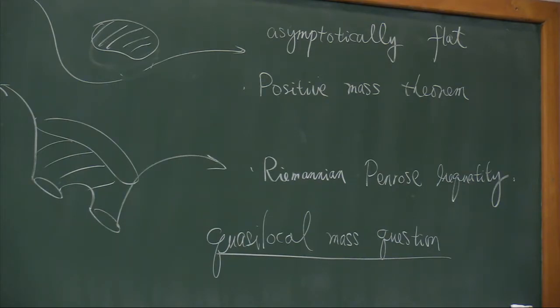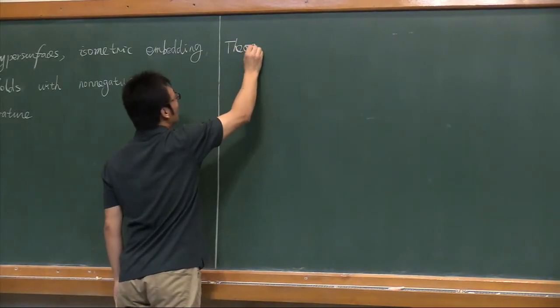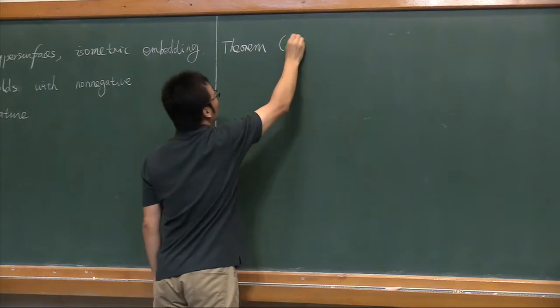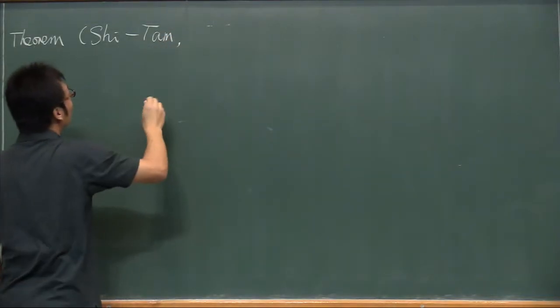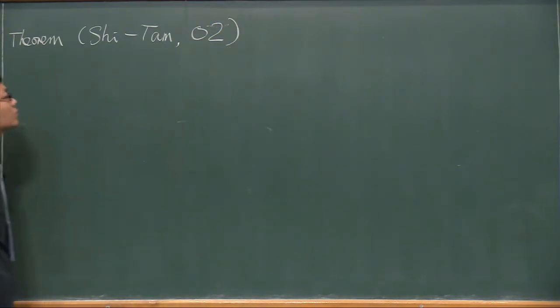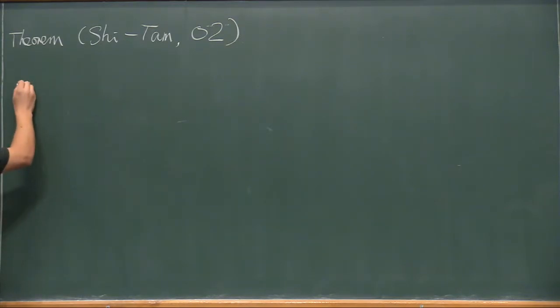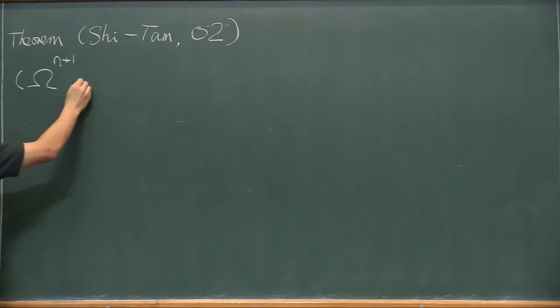I will start with a theorem due to Shi and Tam in 2002. Their theorem is the following. Consider a compact manifold with boundary, say Omega, of dimension n plus 1.